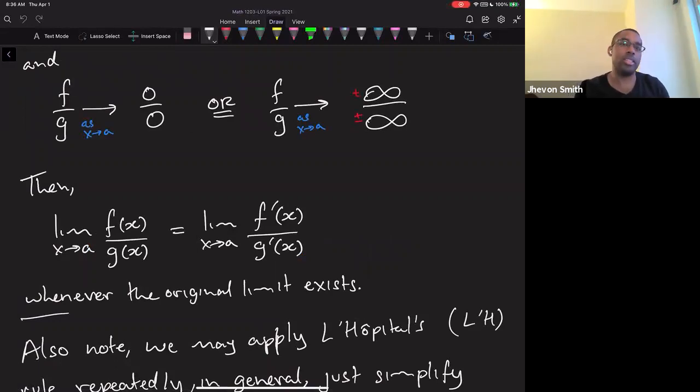Whenever the original limit exists, this new limit of derivatives will actually give you the same answer, strangely enough. There are some requirements there about the continuity of the g, but I don't think you have to worry about that. Like if you see a situation where you think L'Hopital's rule can work, you check the conditions, which I'll be showing you, it can work.